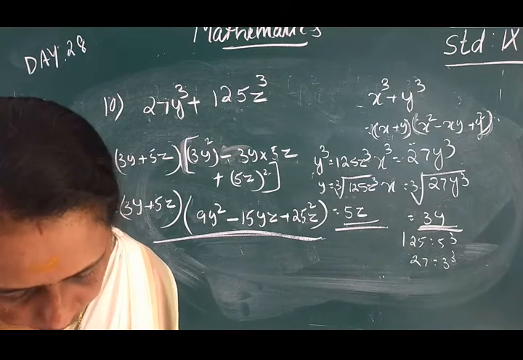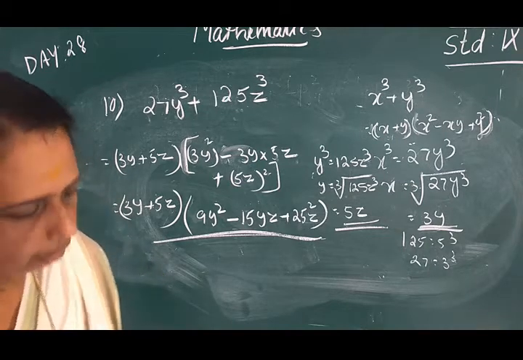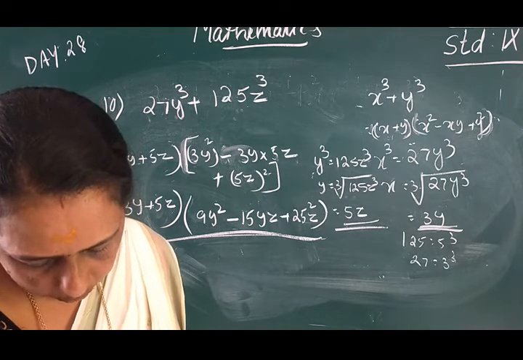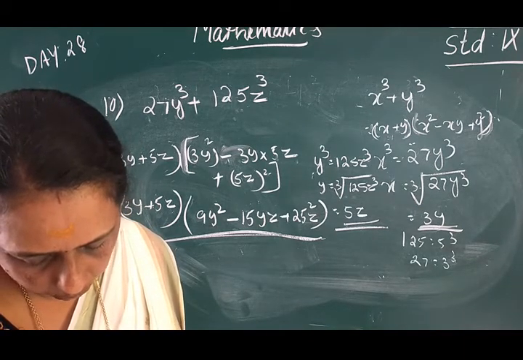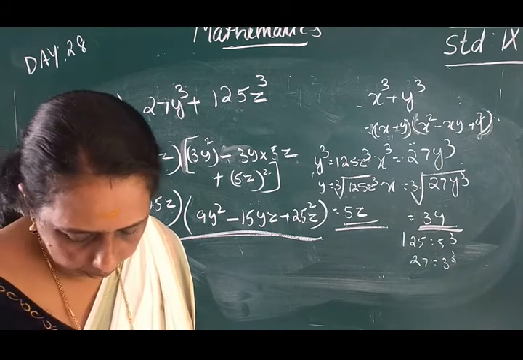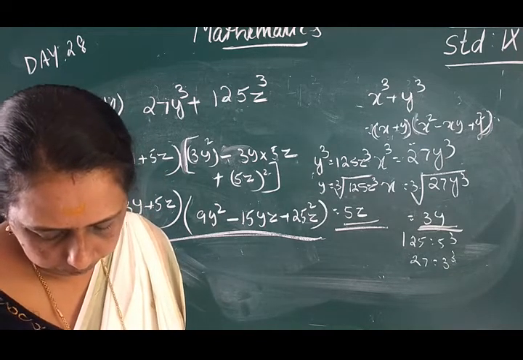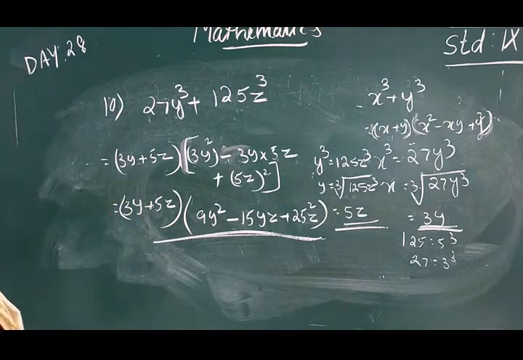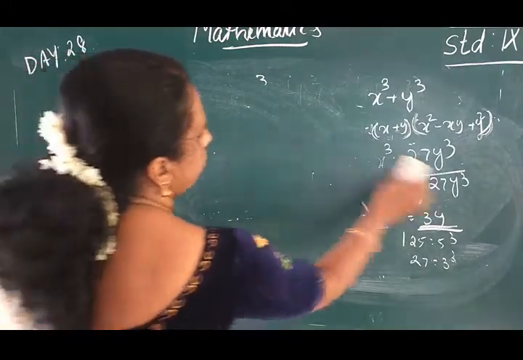Next question is based on the identity x cube minus y cube. From that you have to find out what is x and y. The question is 64 m cube minus 343 n cube. I will do this problem here.